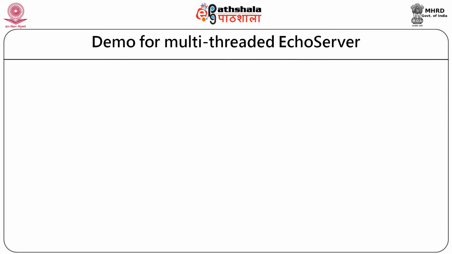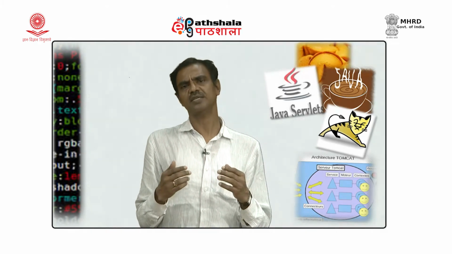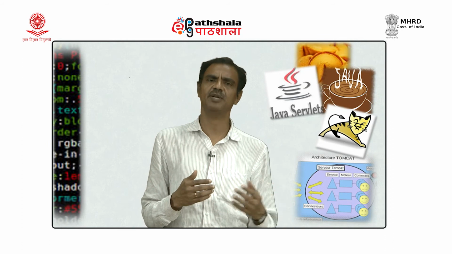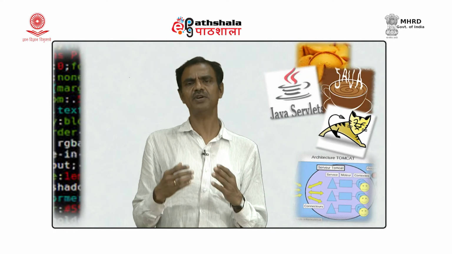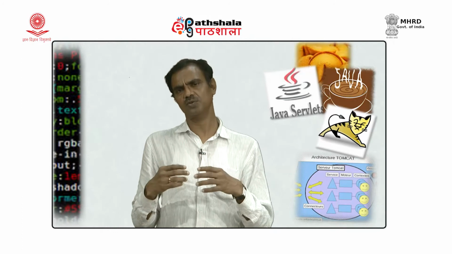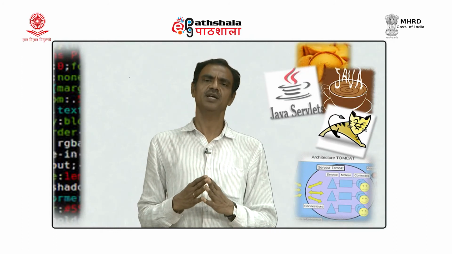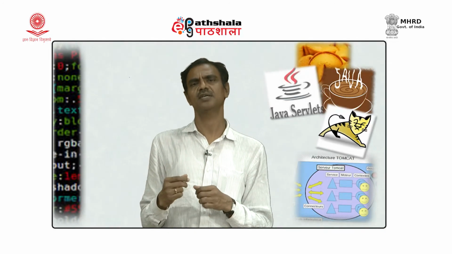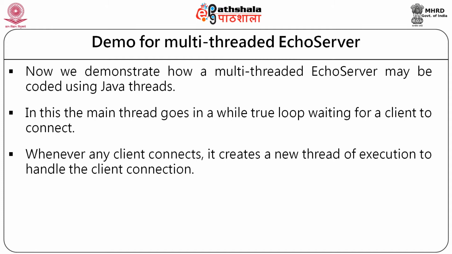So, here in this module we will be demonstrating the same echo server which we had developed in the previous module, but in this case we would like to use multithreading to handle each client connection. We will have a class called EchoServer, whose main job would be to accept connection from a client whenever any new client connects.